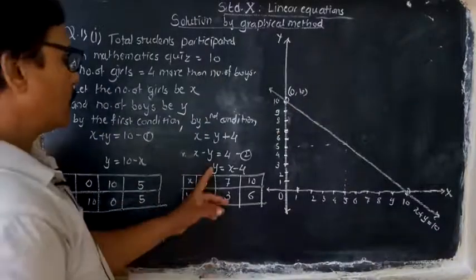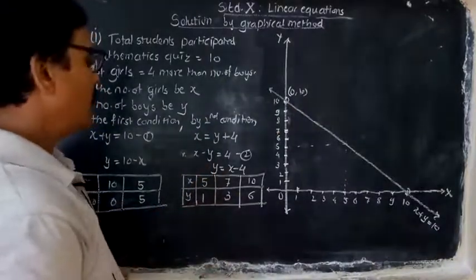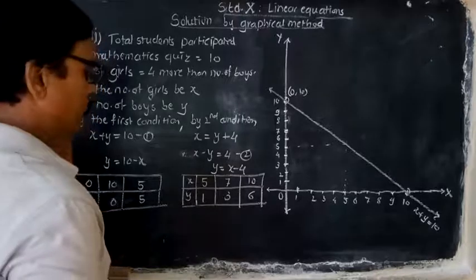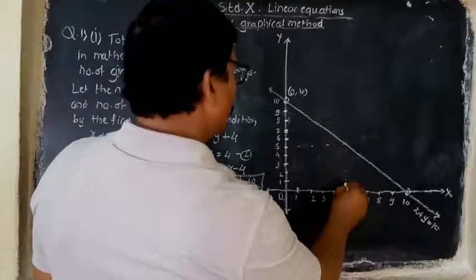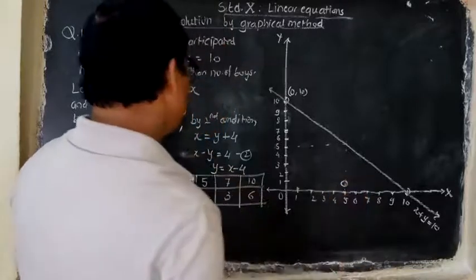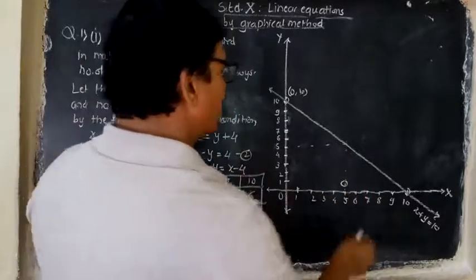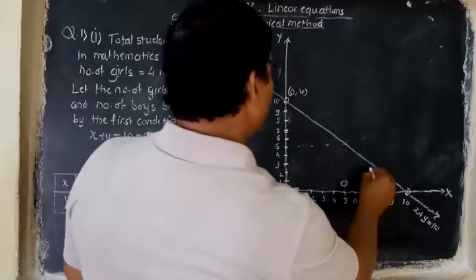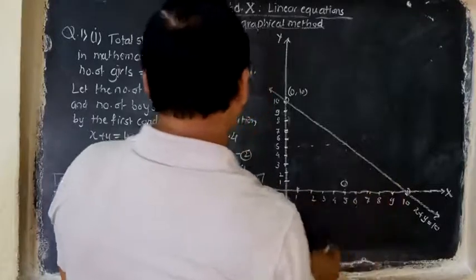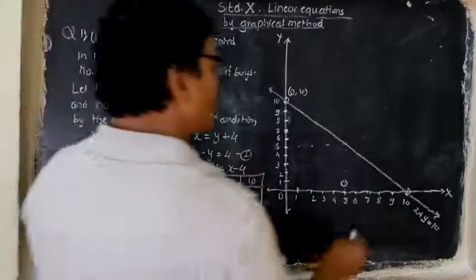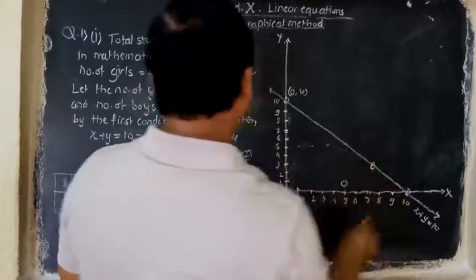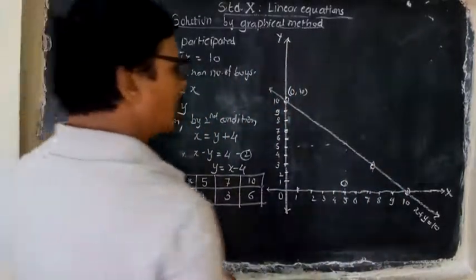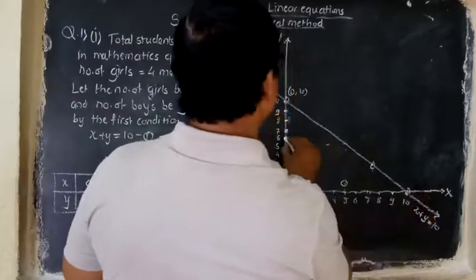For the second equation, y is equal to x minus 4. When x is 5, y is 1. When x is 7, y is equal to 3. And when x is 10, y is equal to 6.